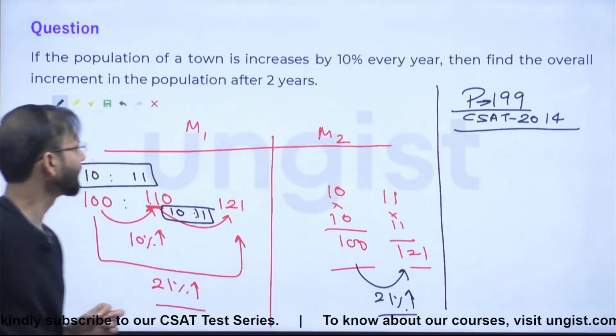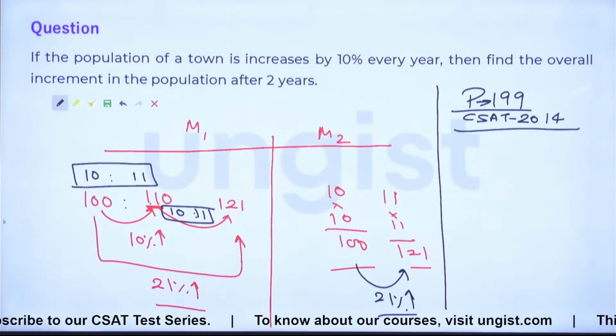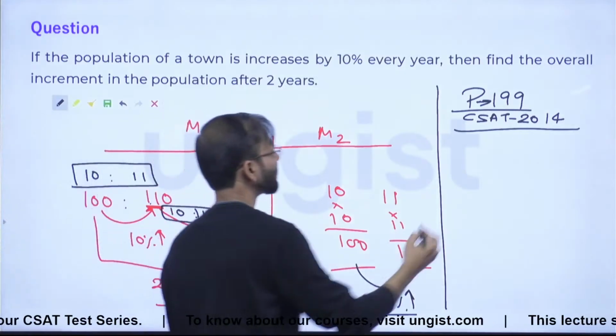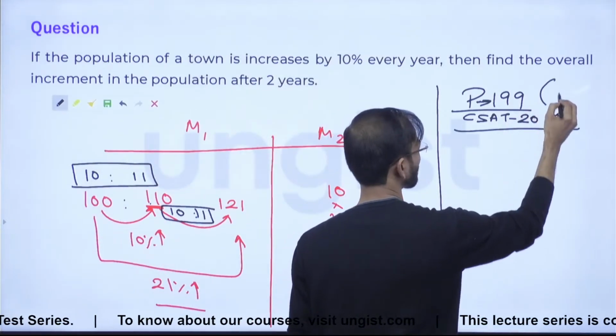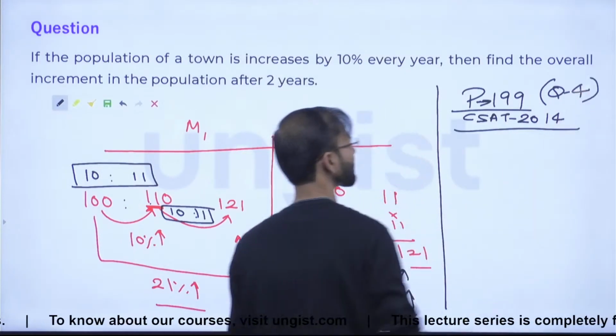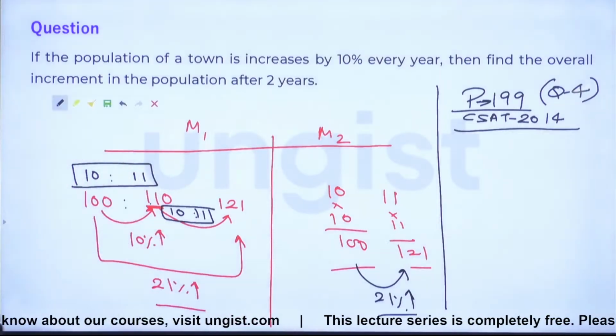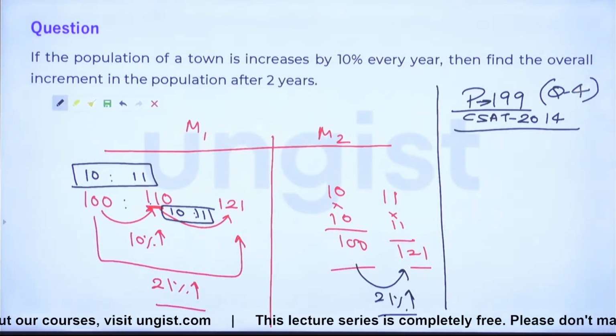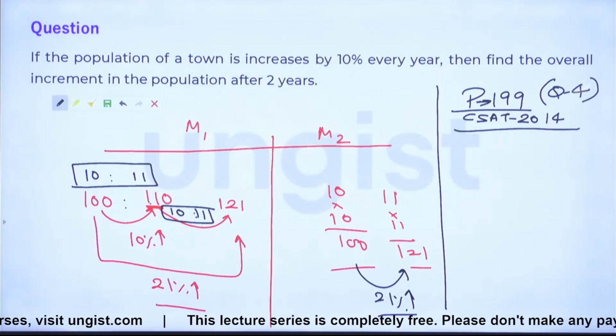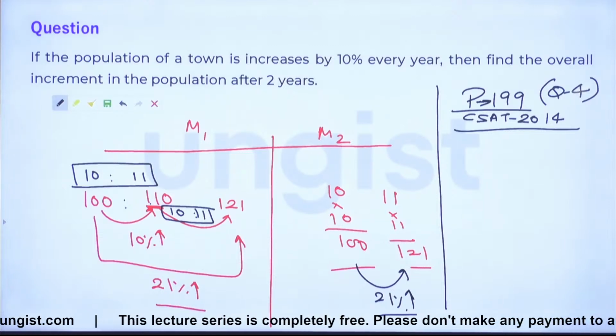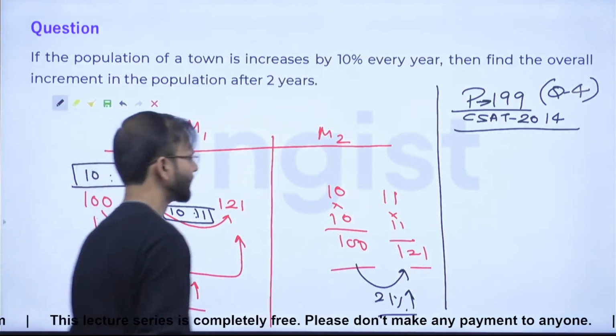Page number 199, question number 4. Got the question, guys? Page number 199, question number 4. 2014. Got the question? What is the question telling you?